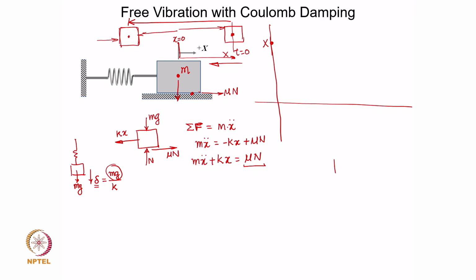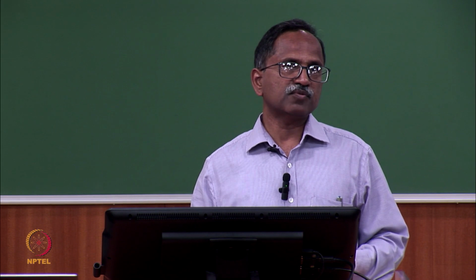But in addition to this right side force, we notice that the left hand side of the equation of motion, m x double dot plus kx equal to 0, would generate its own free vibration response. So, the total response for a linear system is going to be the addition of the two responses.